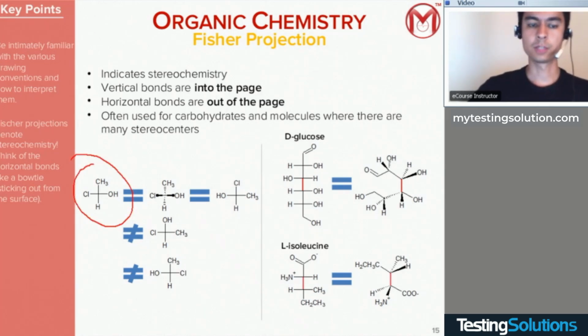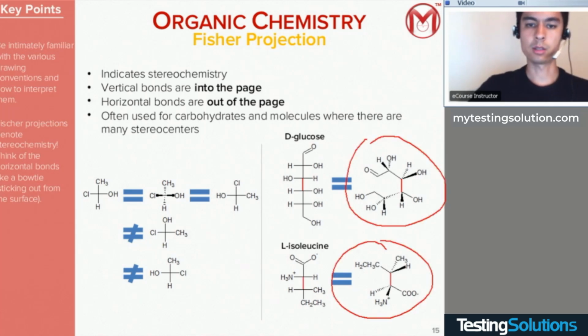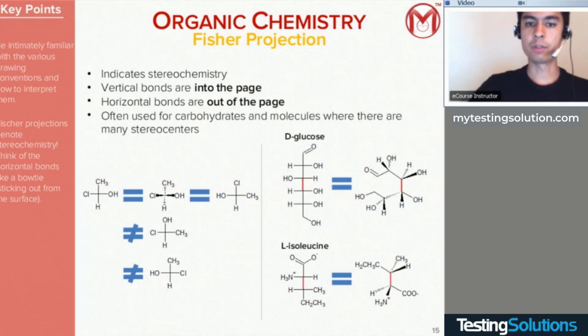Okay. Fisher projection is not particularly useful. Not that it's not useful, but it's not particularly intended for simple molecules like this, because they're relatively easy to draw. Fisher projections become really useful when we have much more complex molecules like these amino acids, or with these carbohydrates.